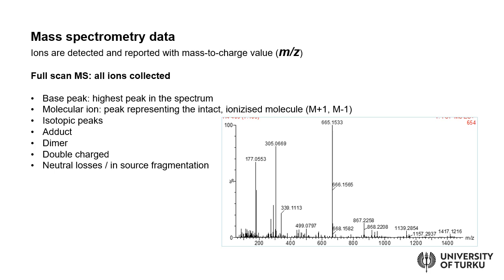If this is negative mode data, which is not visible here in this field, but if this is in positive mode, then it means that this compound would be 664, the molecular weight. And in the majority of cases there is only one charge, but exceptions also exist.